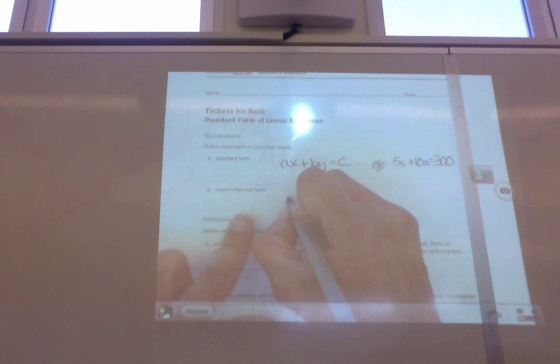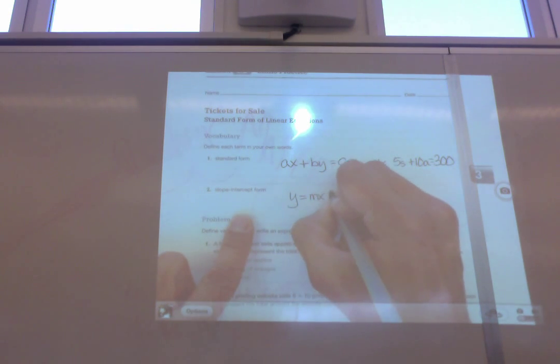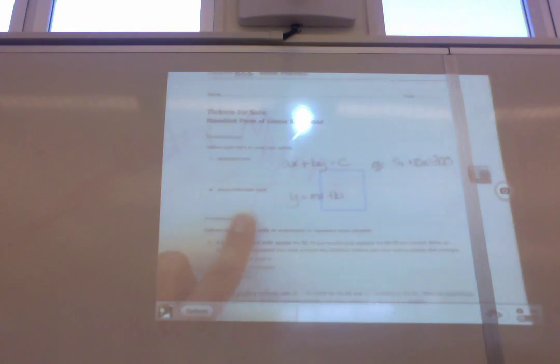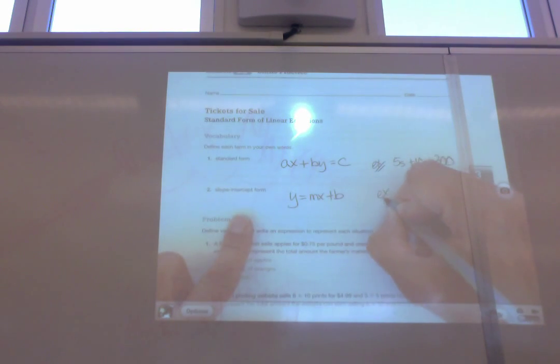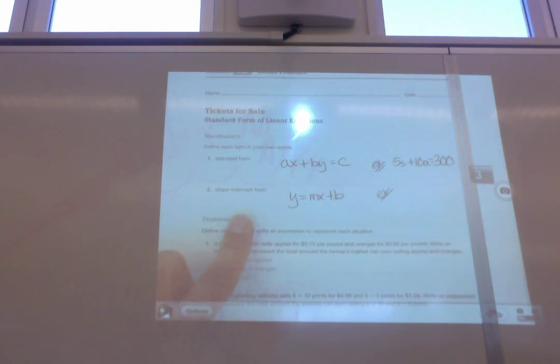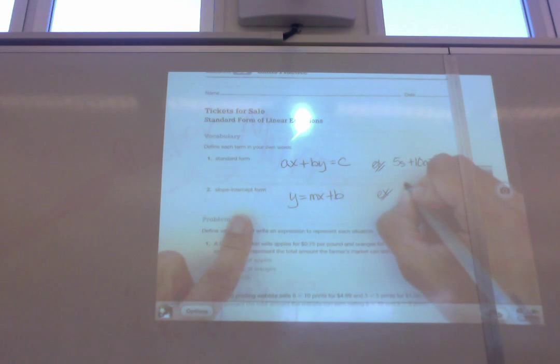Slope-intercept form, y equals mx plus b. And as an example, you've had to graph something like y equals 1/2 x plus 3.